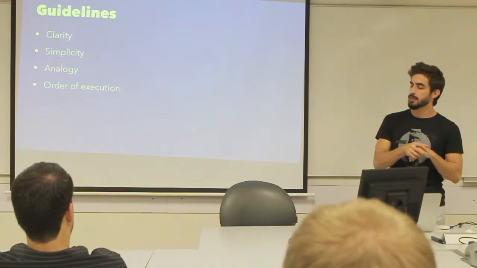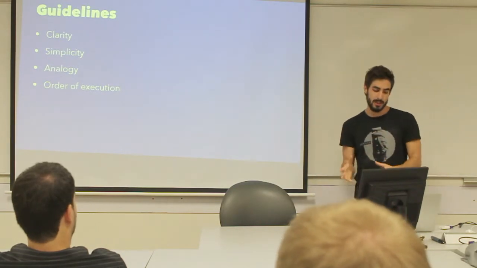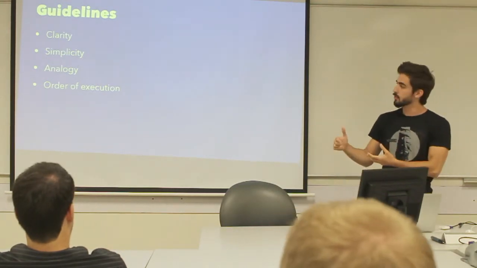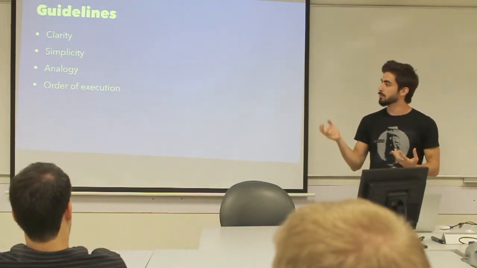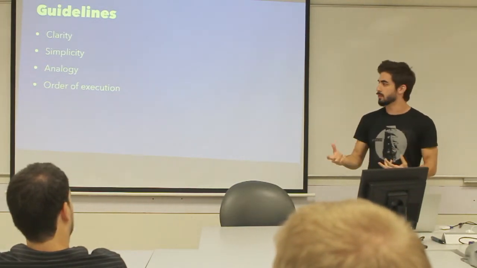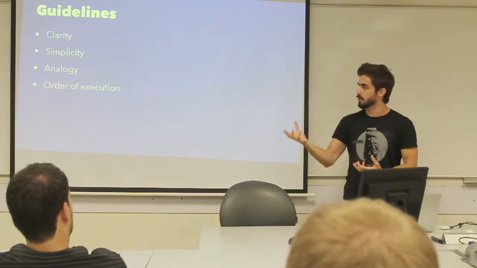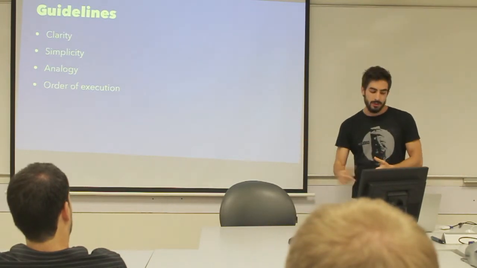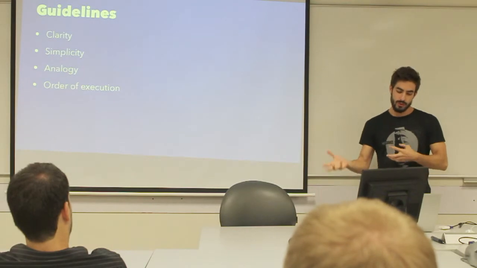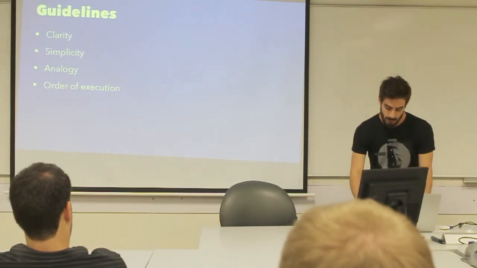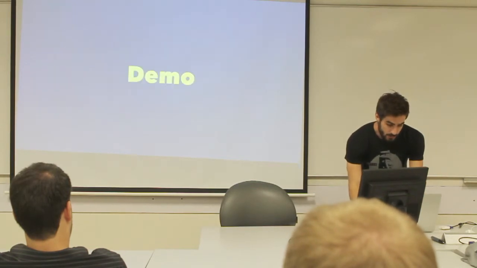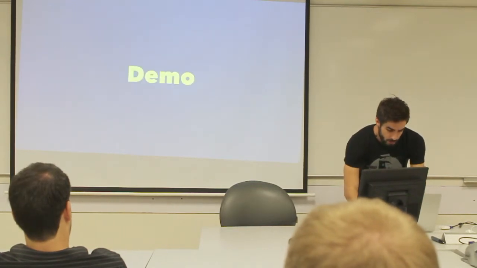You don't want something that someone needs a special keyboard to type, and you want to follow existing examples so people could guess what your operator is doing. And you need to think about order of execution, so you just need to consider the natural order of things.